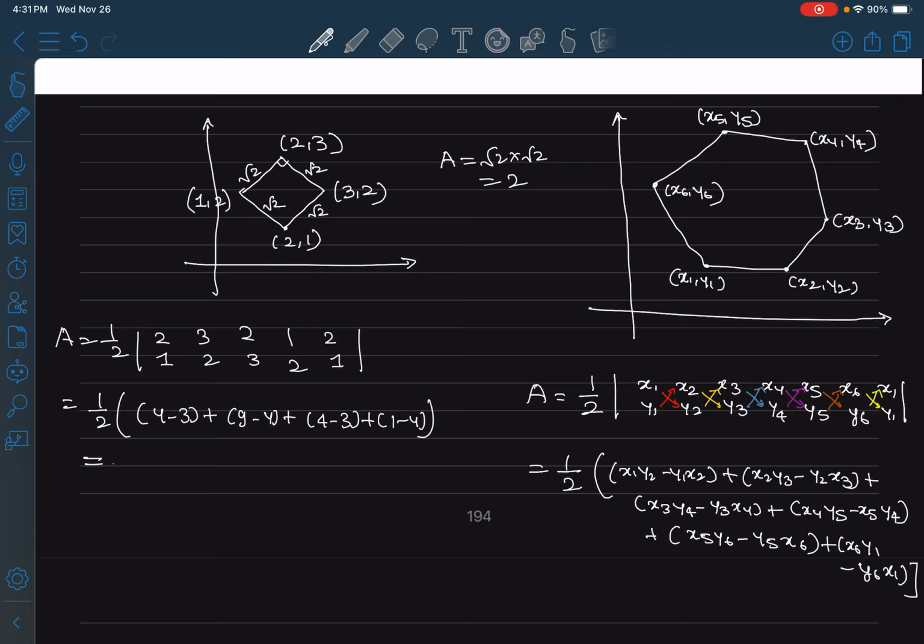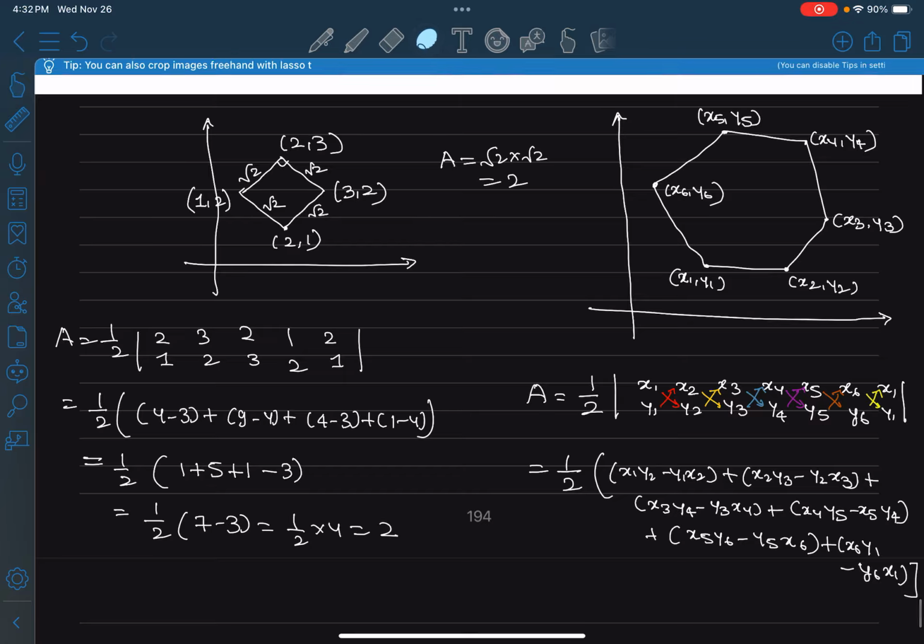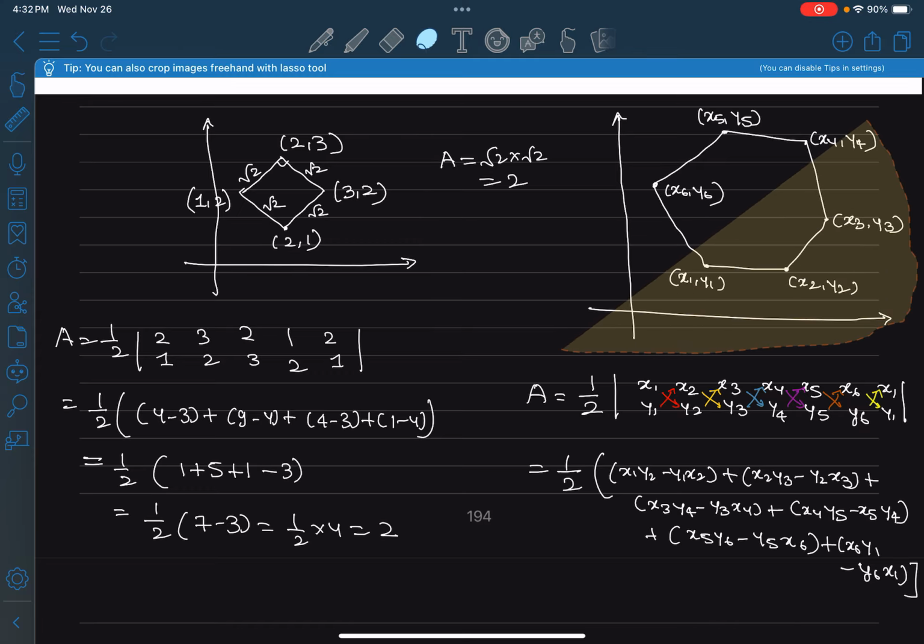So this will be half of 1 plus 5 plus 1 minus 3, which is half of 7 minus 3, which is half of 4, which is 2. So we see that this actually gives us the area, and this works. Now let us try to prove it.